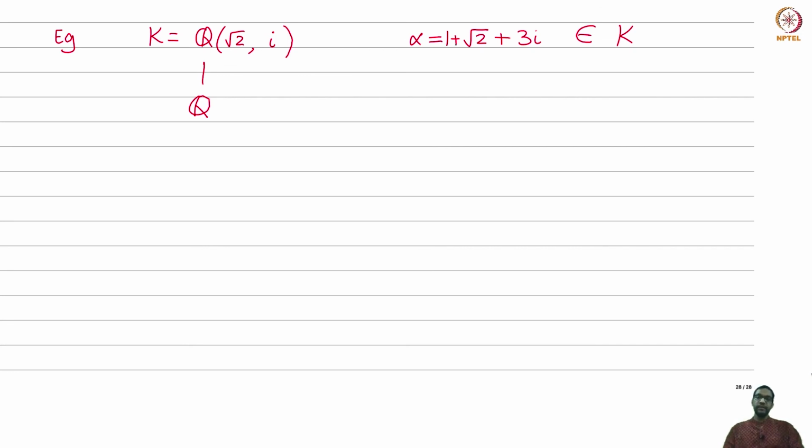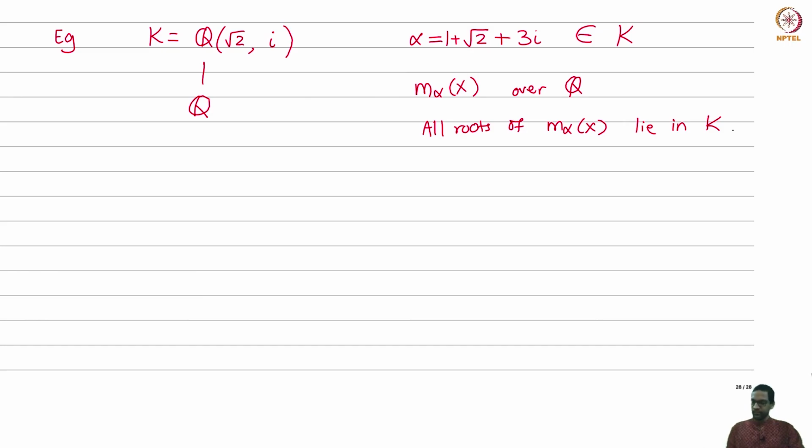Suppose I pick this element alpha in my field K, then you look at its minimal polynomial m_alpha(x) over Q. Then all roots of this minimal polynomial will also lie in this field K. So in other words, the minimal polynomial splits completely over K.